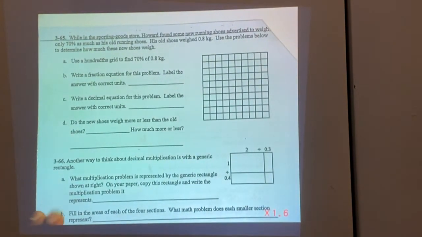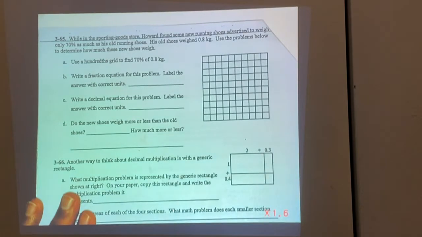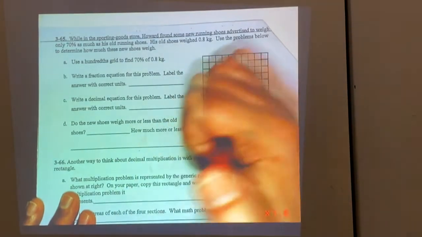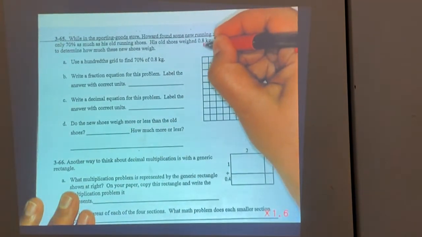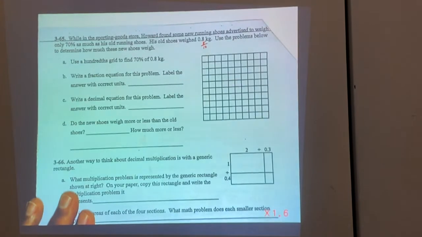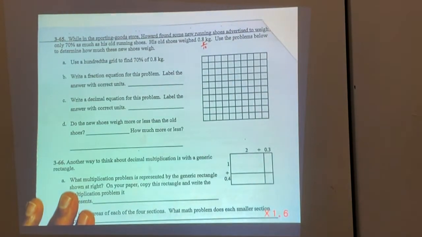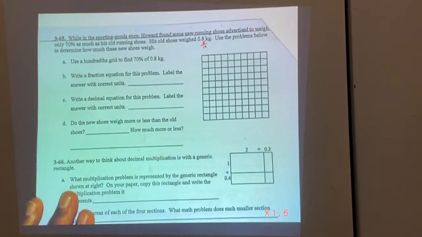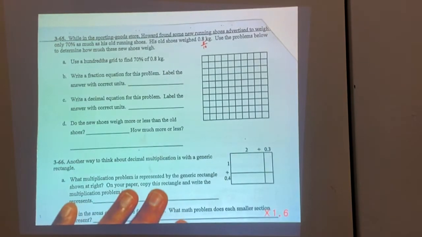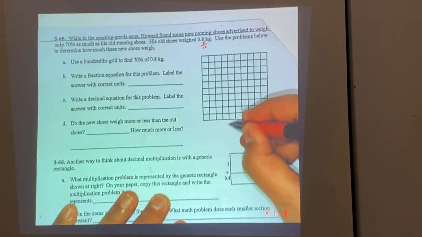While at the sporting goods store, Howard found some new running shoes advertised to weigh only 70% as much as his old running shoes. His old running shoes weighed 0.8, or I'm going to say this is 0.8. Use the problems below to determine how much the new shoes weigh. Use the hundreds grid to find 70% of 0.8. Okay, so 0.8, I'm going to mark that here.